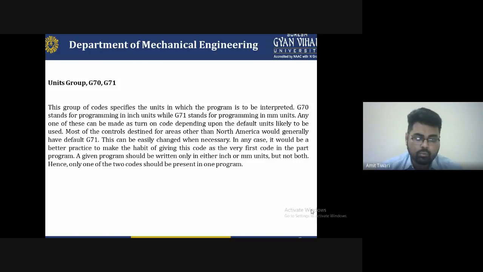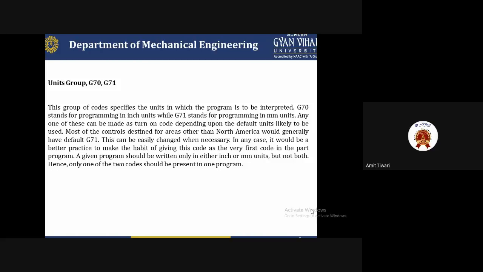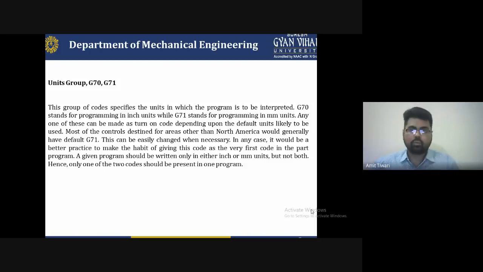You have to select the code first of all, mention the code, name the code, and then use this type of technology. So I hope you understand that G70 and G71 are useful and how they help us maintain this technology.